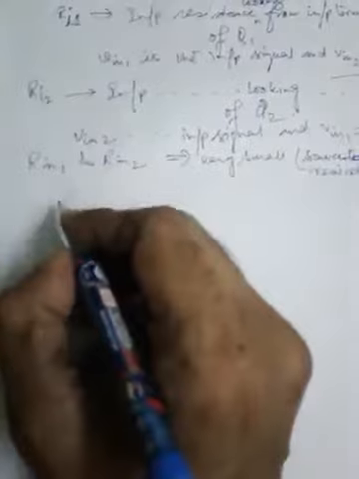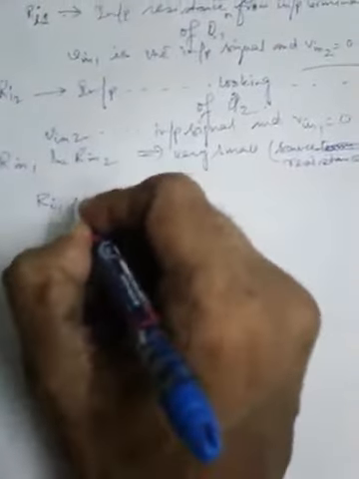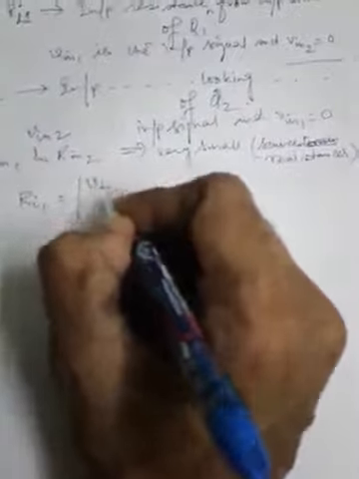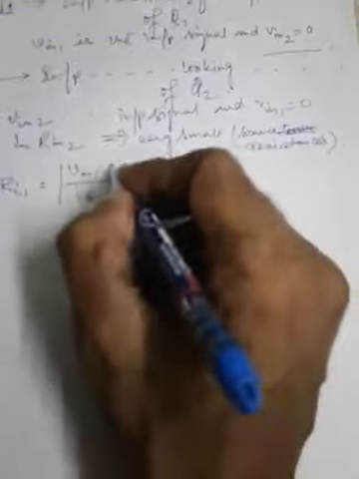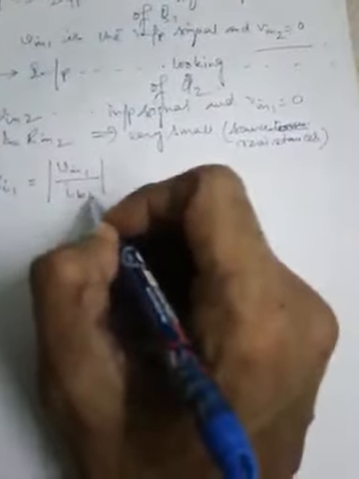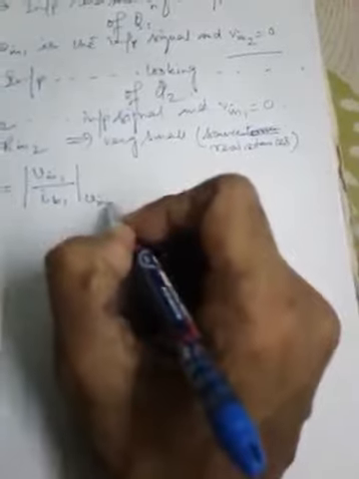So we can write Ri1 is equal to V in 1 by Ib1, because this is the input signal source and this is the input current. So this Ri1 is the magnitude of this when V in 2 is set to 0, and instead of Ib1, if we write it in terms of IE1, this is V in 1 divided by IE1 by beta AC, because we are using the AC values, all in small letters, when V in 2 is equal to 0.